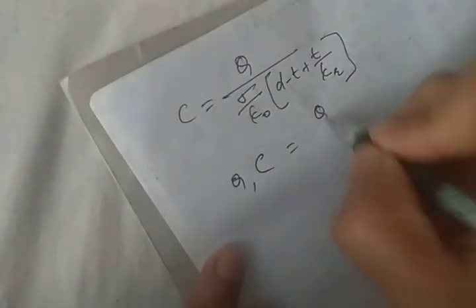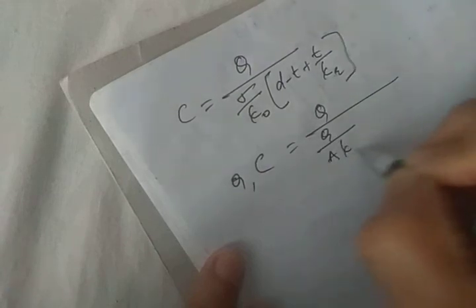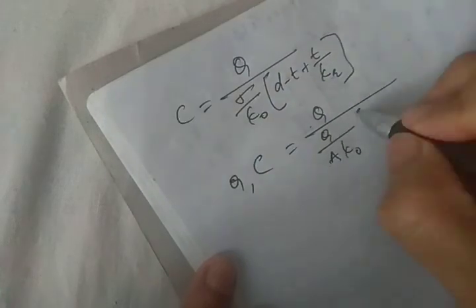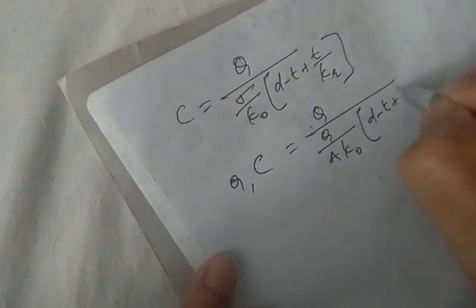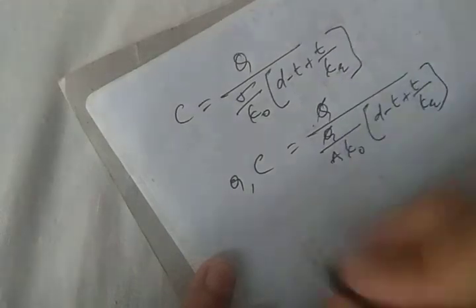Or this can be written as C is Q by A epsilon naught, because sigma, mind you, is charge by area. So (d minus t plus t by epsilon r). So Q, they divide each other out.